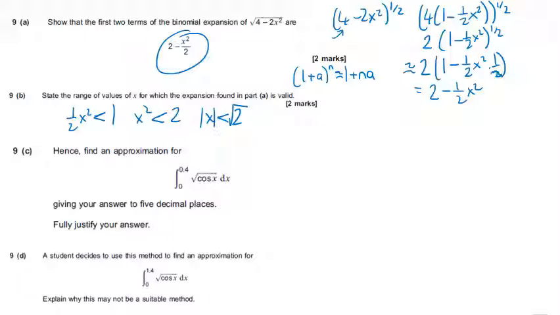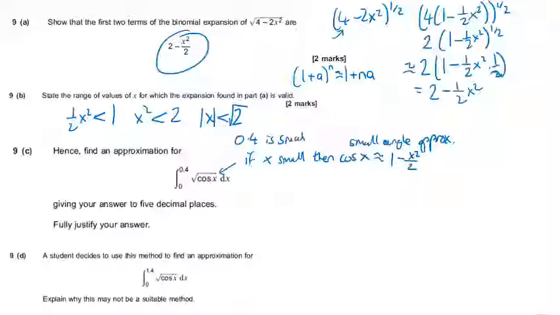Okay, so then using that, find an approximation for cos x. Well, how does that relate to this quadratic that we just had? Well, if x is small, then cos x can be written as, this is the small angle approximation, 1 minus x squared over 2.